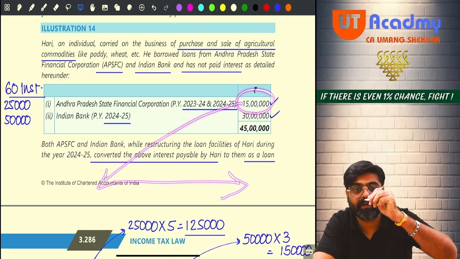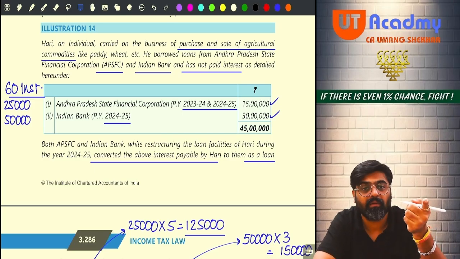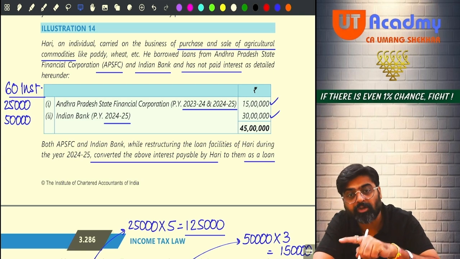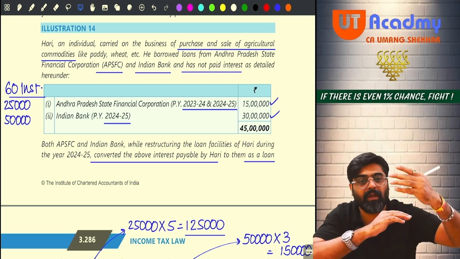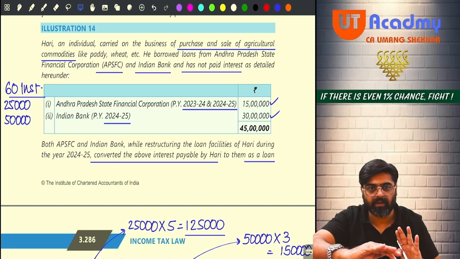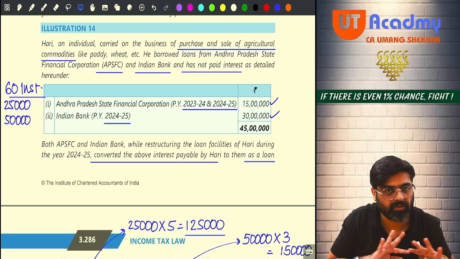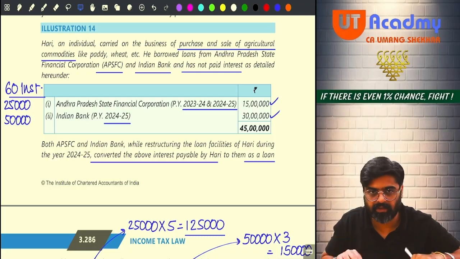So 15 lakhs divided by 60 will give you 25,000. And that 25,000 multiplied by 5 installments paid in this year. Getting my point? First of all, entire 15 lakhs converted. Entire 30 lakhs converted in this year. Will it be treated as payment of interest? No. So that 15 lakhs or 30 lakhs will not be allowed as a deduction in this year because it is not paid yet.